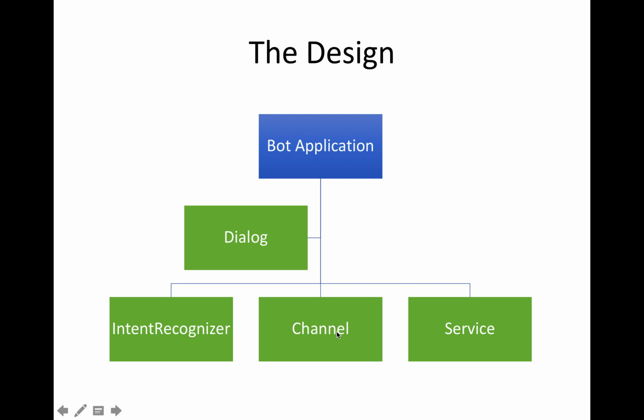Okay, so when a message arrives through the channel, the dialogue will call the intent recognizer to recognize or classify which intent this message belongs to, and then the dialogue will, based on the intent, call the service to serve such a request.